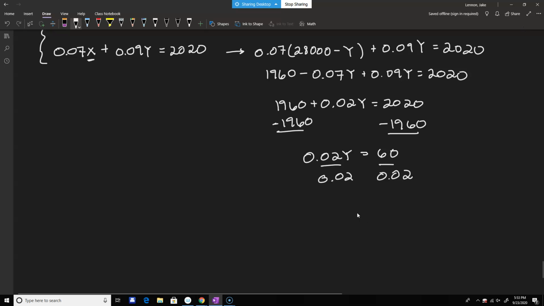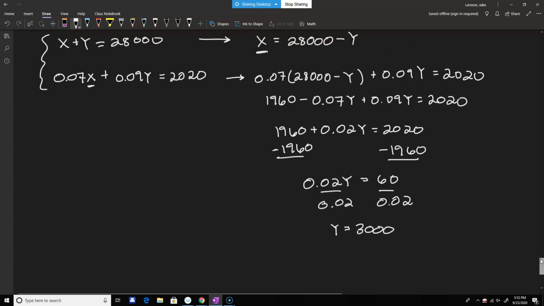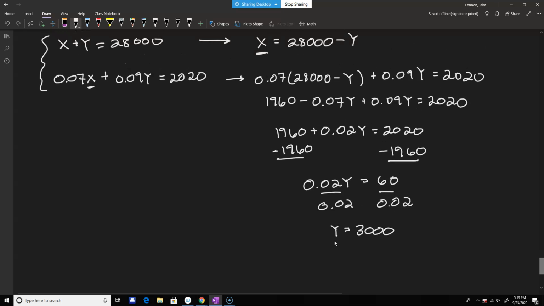So y is 3,000. And remember that x plus y had to total 28,000. So that means x is the 28,000 minus the 3,000, which is 25,000. So we had 3,000 invested at 9% and 25,000 invested at 7%.